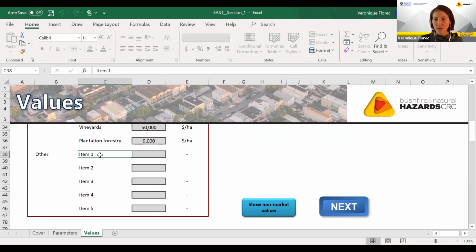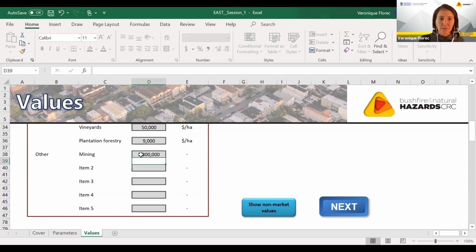We're going to add one just so that you get the idea of how we add other items, and we're going to add mining. So instead of item 1, we replace that with mining. And here the value of mining, on page 8, of the equipment at risk in the site is 7,800,000.